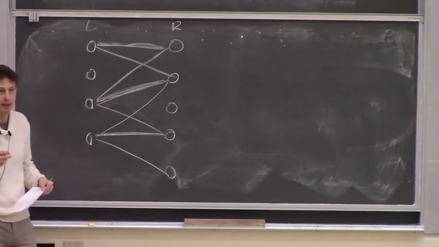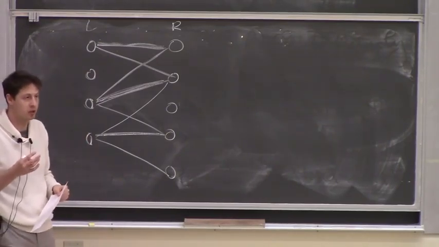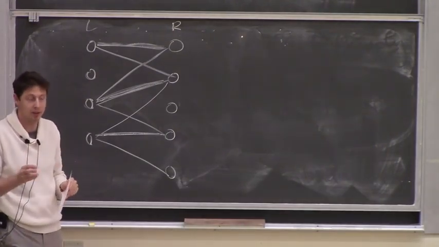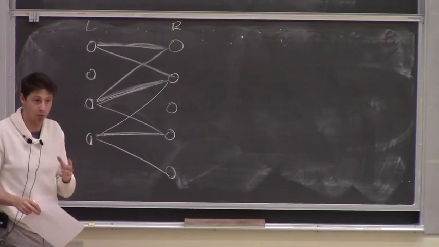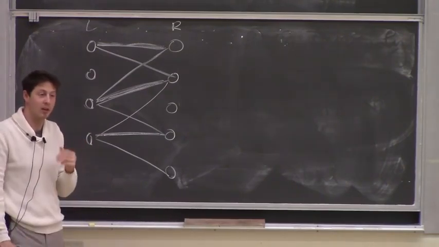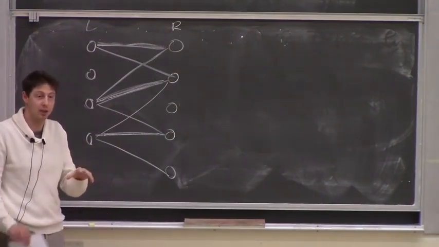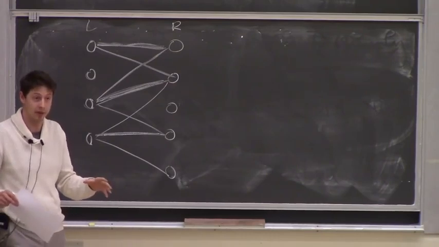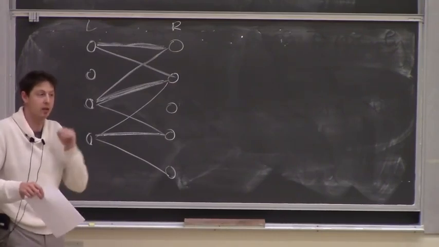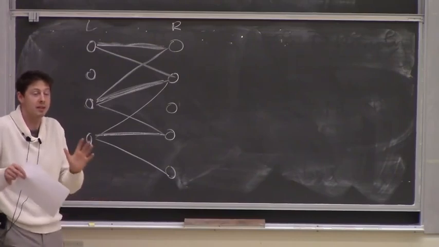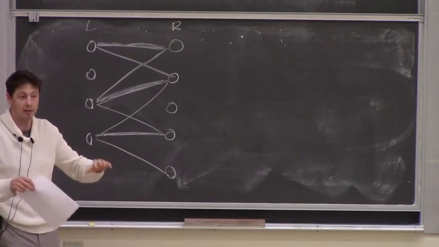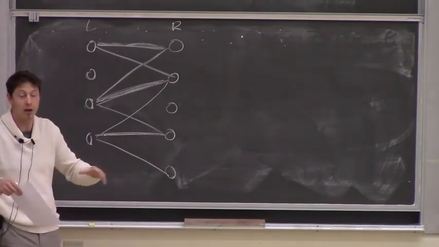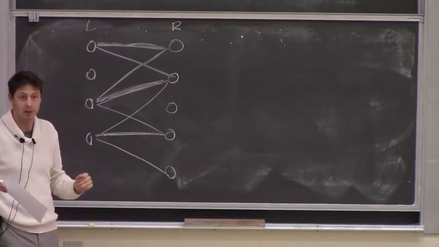By the way, I will keep interchangeably saying maximum and maximal. They actually usually mean different things. I forget which one means what, but one interpretation is to take a matching that cannot be extended. That is, as is, you cannot throw in additional edges. Doesn't mean that it is the one of largest size, because maybe you should have started out in a different way, and other choices would have led to an even bigger matching.